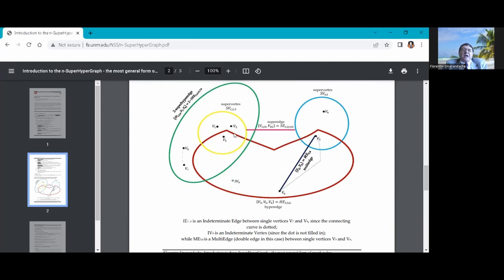Now, the red closed curve here forms a hyper edge because it connects the vertices V3, V5, V6, and then also has hyper edge, and so on for the others.